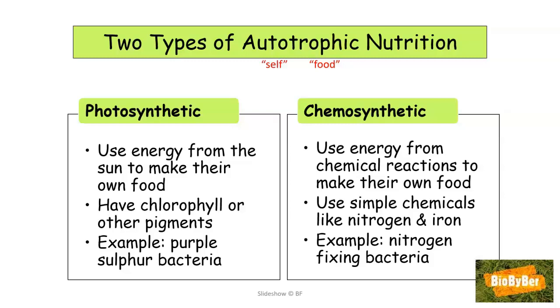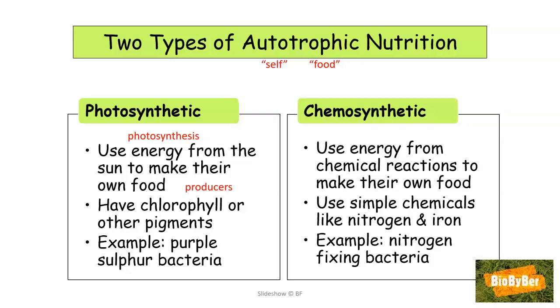Photosynthetic nutrition is where the bacteria use energy from the sun to make their own food. In other words, they carry out photosynthesis. These bacteria can also be called producers because they are making their own food. These bacteria have chlorophyll, the green pigment, or other pigments.